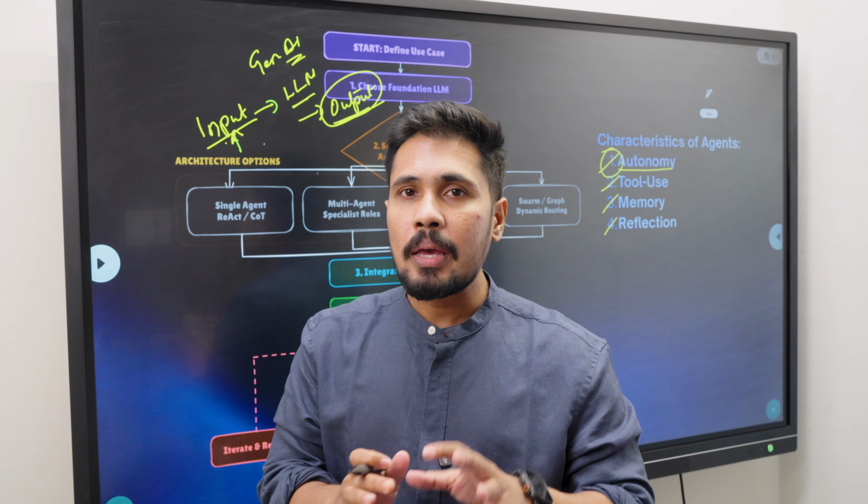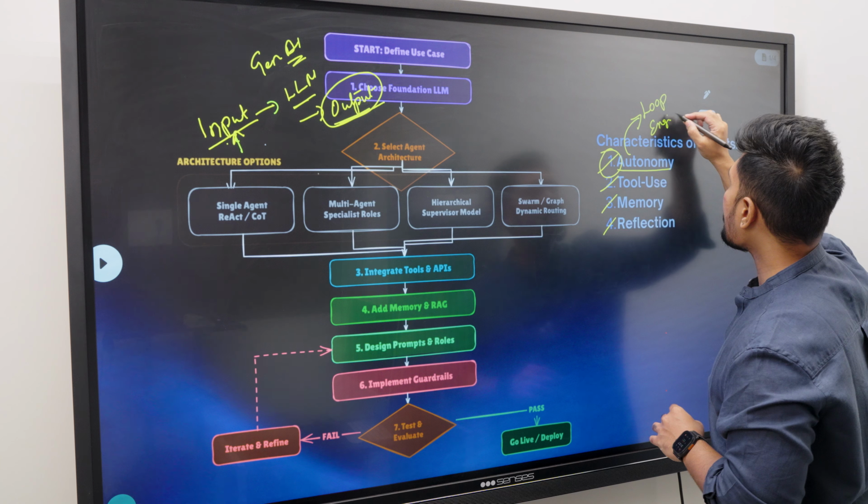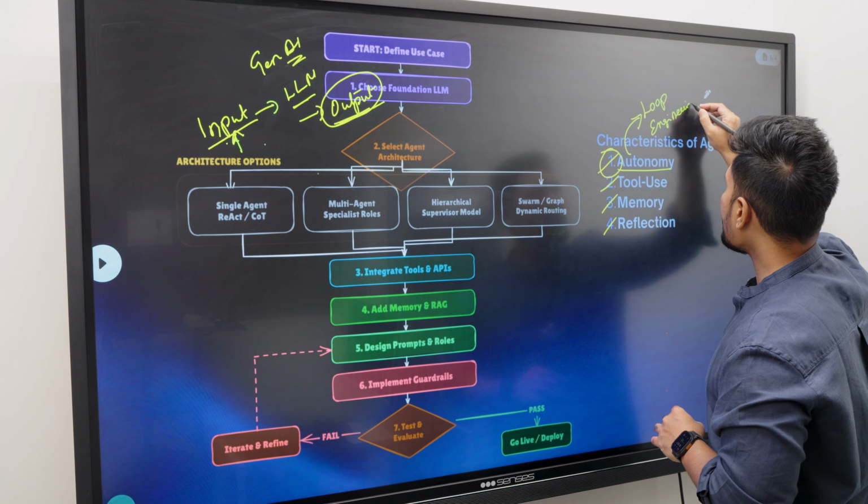That is not autonomy. If it gets some errors and fixes them by doing lots and lots of looping, we call it autonomy. To achieve autonomy within agents, you need to apply a concept called loop engineering. You need to do proper loop engineering.